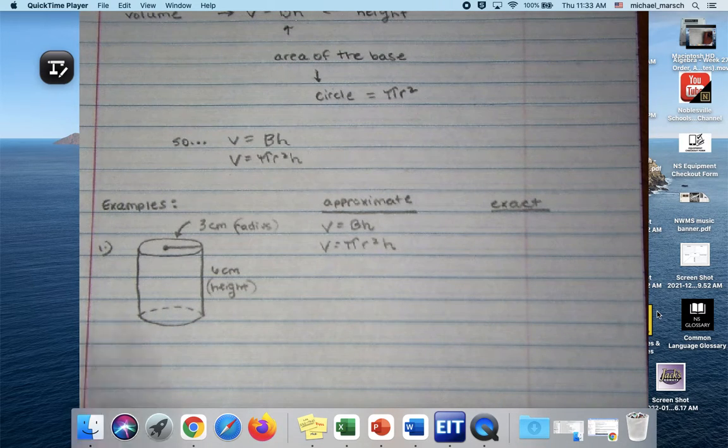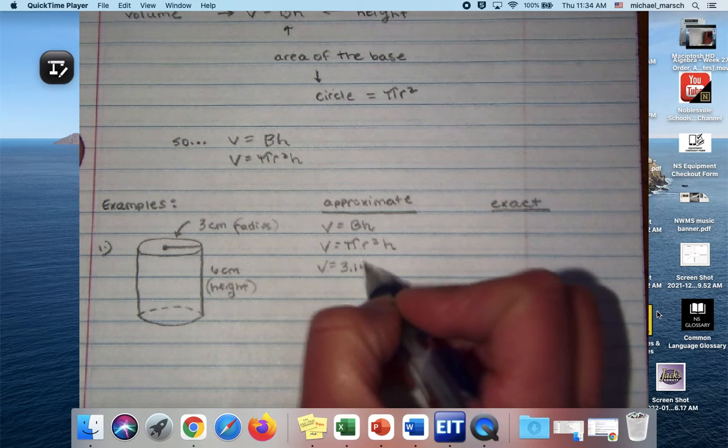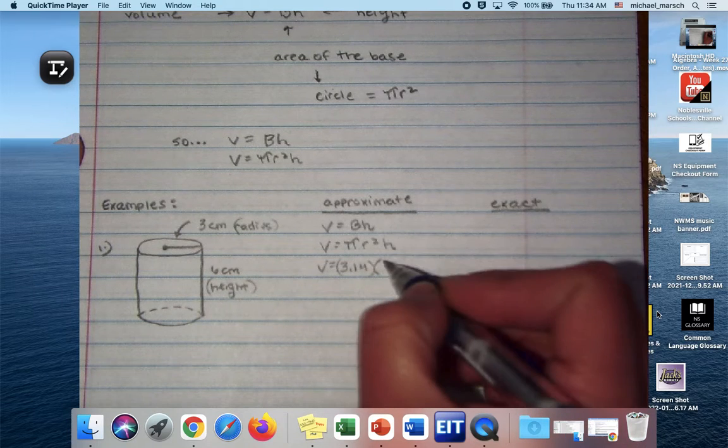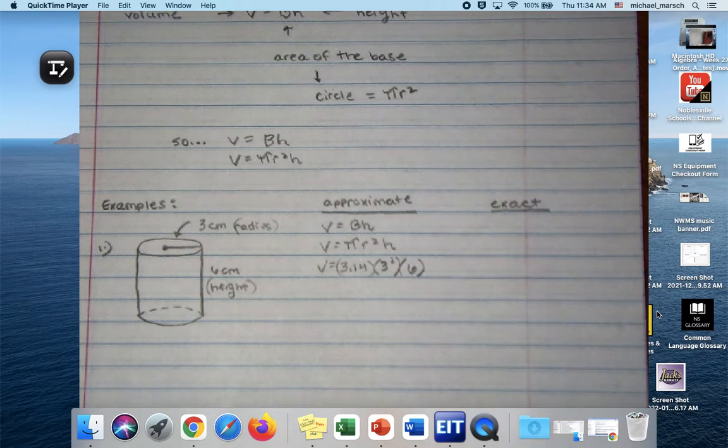Now I'm going to put the values in. We're going to use 3.14 for pi. My radius is 3, so 3 squared, and my height is 6.